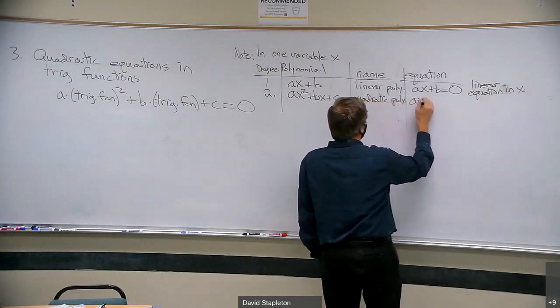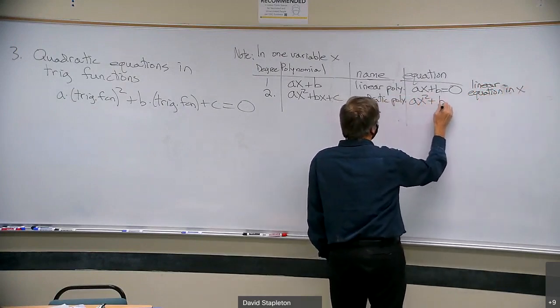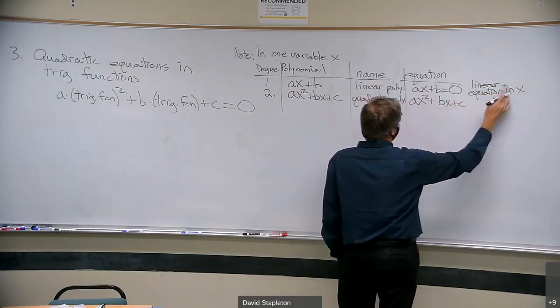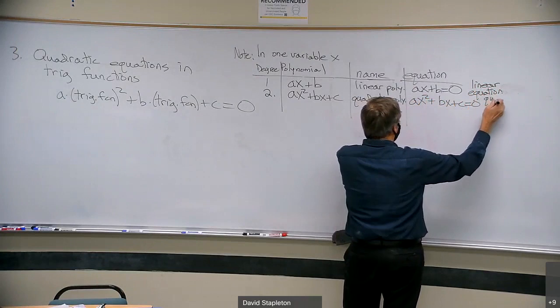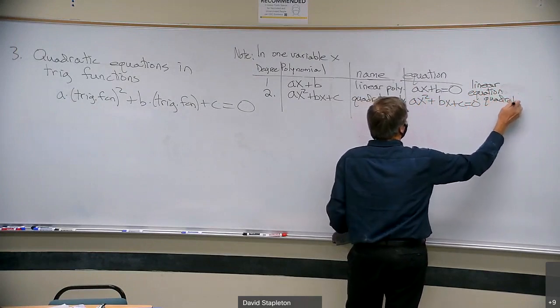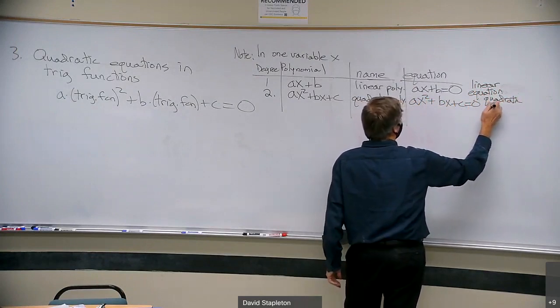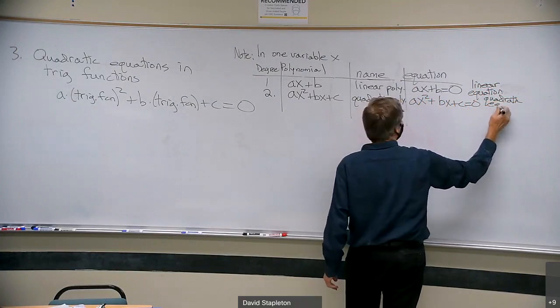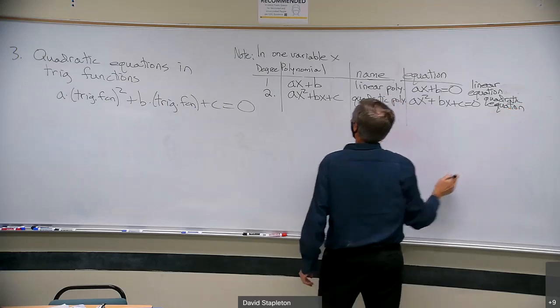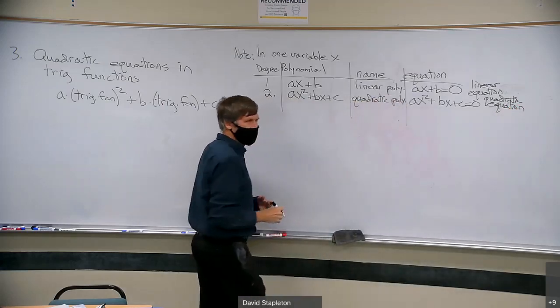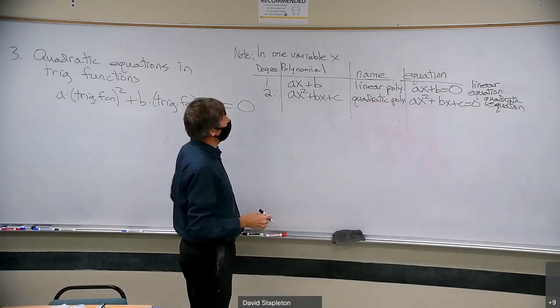If I put a quadratic polynomial equals 0, we call it a quadratic equation in x. Let's leave off the in x. So that's what a quadratic equation was. It was putting a quadratic polynomial equal to 0. And then you can go higher degree. We're not going to do that in this class, but I just wanted to show you can generalize this.